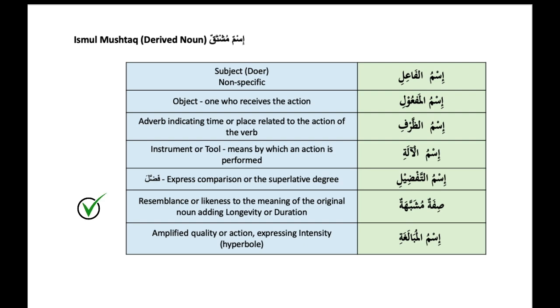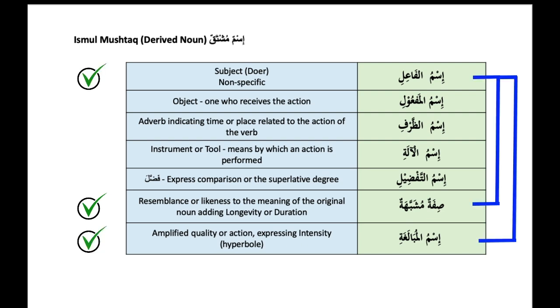Next is sifate mushabbaha. It is an ism, resemblance or likeness to the meaning of the original noun, adding longevity or duration. Please pay attention. Ismul fa'il, sifate mushabbaha, and ismul mubalagha, this has got some connection. Sifate mushabbaha and ismul mubalagha, they are also ismul fa'il plus something else, which we shall discuss. Sifate mushabbaha is also a doer, also a subject.